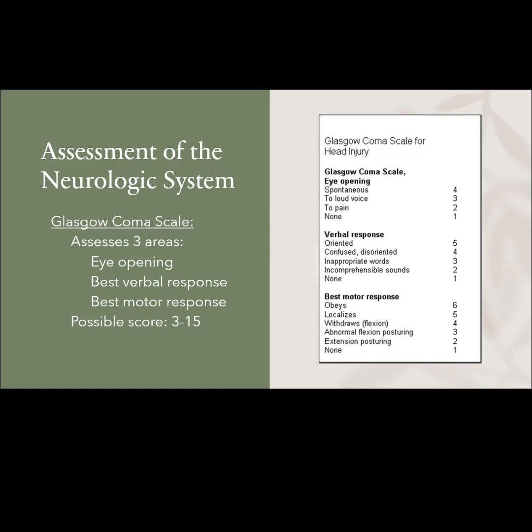It was developed in 1974, just a little background information, and it is an objective scale that provides caregivers with concrete ways to compare assessment findings with those of other caregivers, because it's a scale, it's a number, so it's easy to compare to other people.